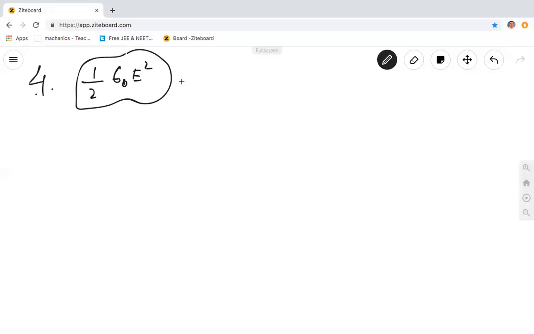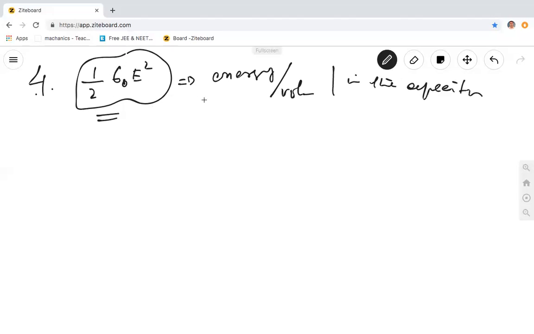But if you remember this equation, in electrostatics, this expression gives the energy per unit volume in the capacitor. This expression is just equal to energy per unit volume.